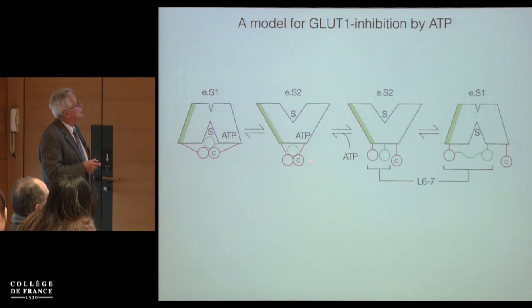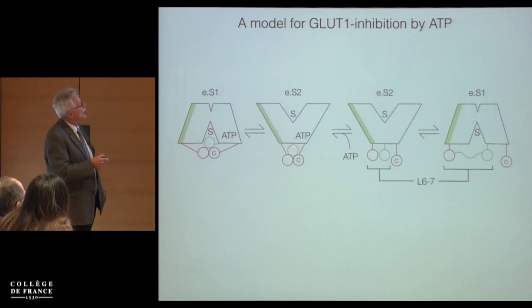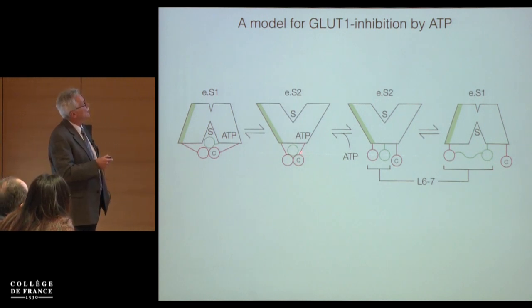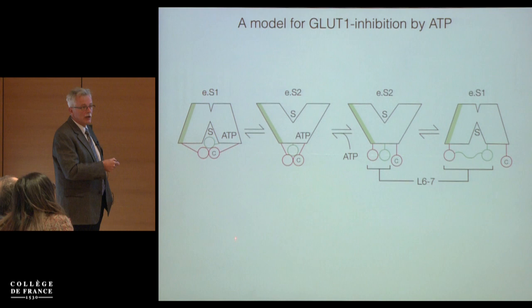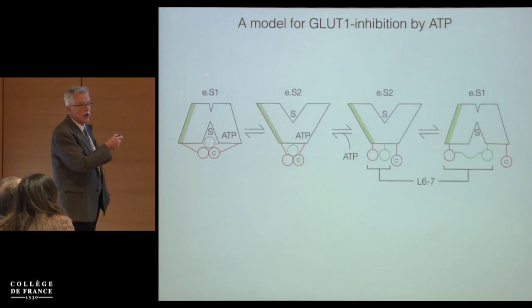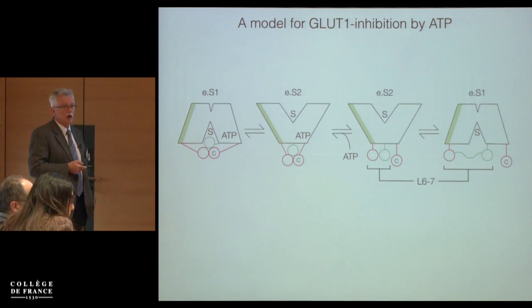But when ATP binds, there's a conformational change bringing the C-terminus in close proximity to the middle loop. And during a transport cycle, there's a lower probability of a sugar, once it moves through this channel, being released into the cytoplasm, a higher probability of it being recycled to the outside. So there's a net reduction in sugar uptake.